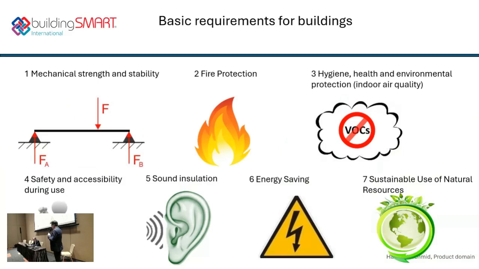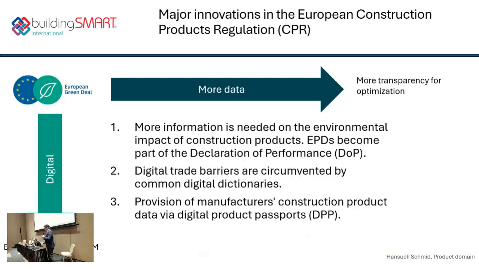Today, in the European Construction Product Regulation, we have those 7 basic requirements. Some have been obligatory to declare, and some are now new. In the newly revised construction product regulation, we have to deliver environmental data, and those data are a lot of numbers.